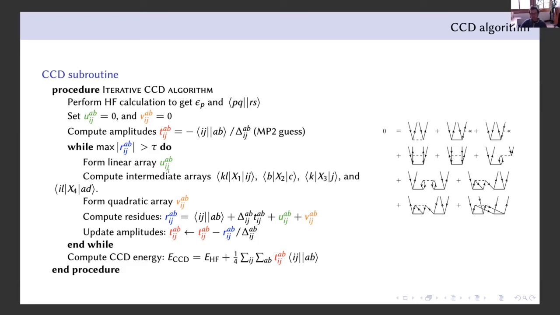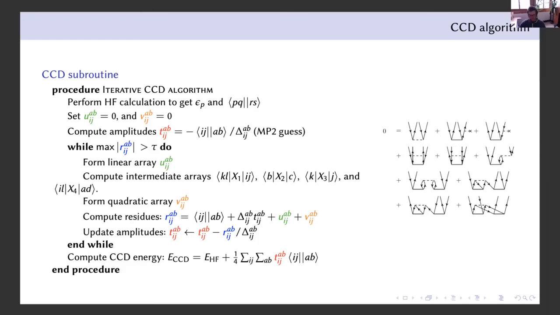From them, I can compute my quadratic array V in n to the 6, and after that I can compute my residuals and update my amplitudes. I can loop like this until my residuals are less than the threshold, and when they are, I can just compute the CCD energy, and that's it. So that's how you do an n to the 6 CCD calculation.